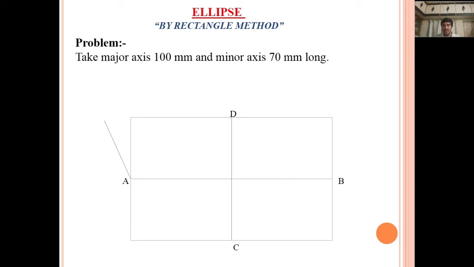That's why we divide OA 50 mm and OD 35 mm into 4 equal parts, because 5 equal parts is possible in this case, but 5 equal parts takes more time to draw this method, and we can reduce our time to draw this method.